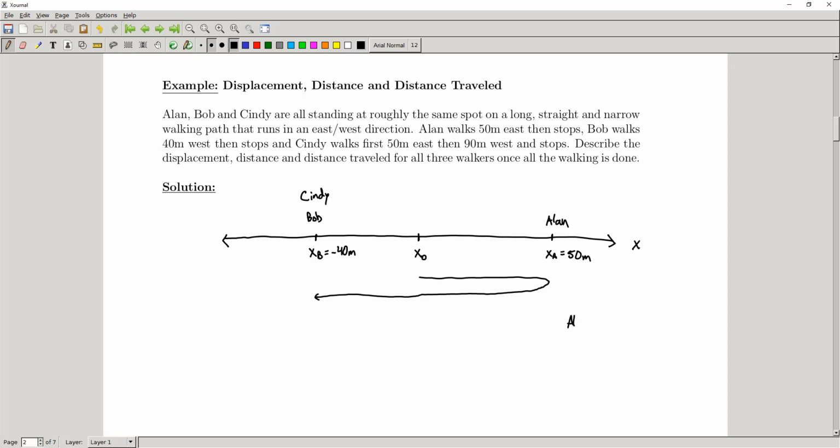Let's say Alan, Bob, Cindy, and we want to look at displacement, distance, and distance traveled.